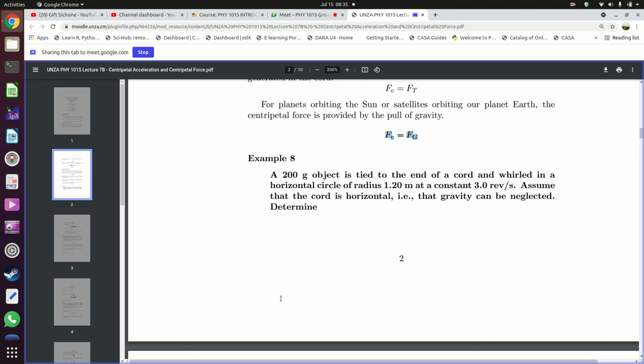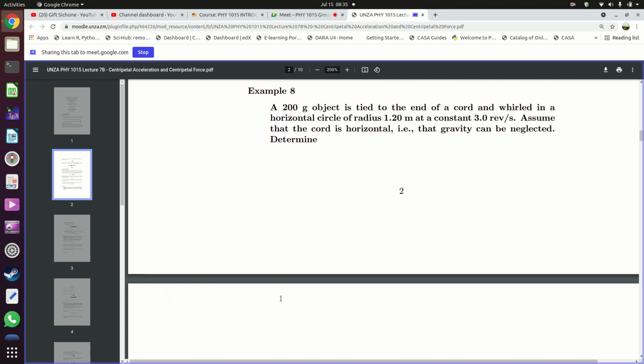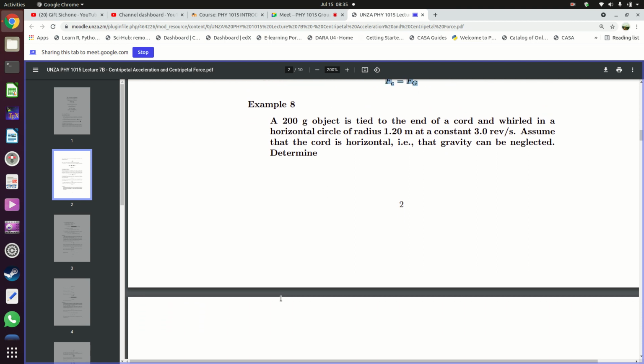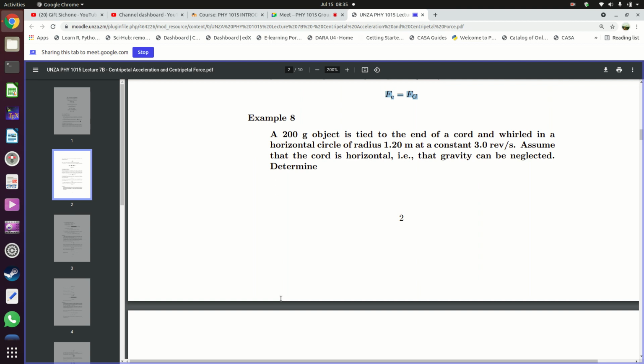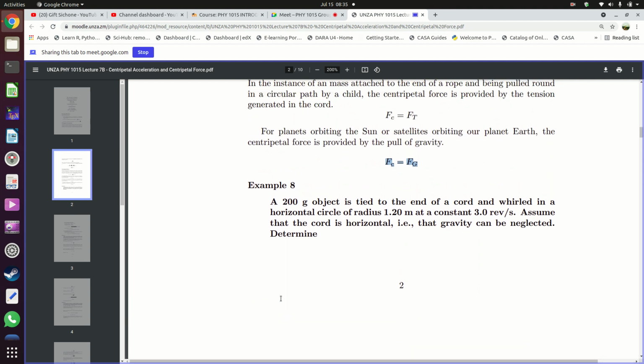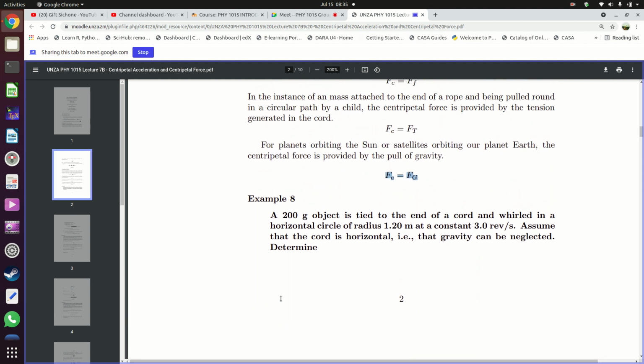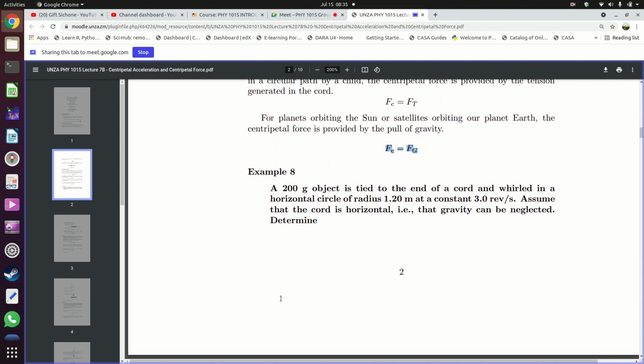So here we have a mass attached to the end of a rope, and the reason the rope is there is because it is going to provide tension. The mass of the object is 200 grams, the length of the rope, or the radius of the circular path, is 1.2 meters, and the angular velocity is 3 revolutions per second.